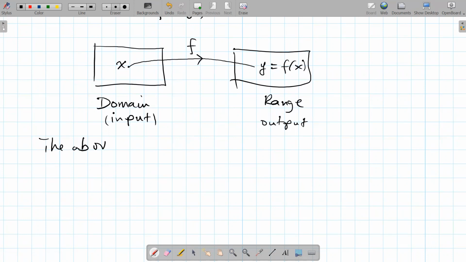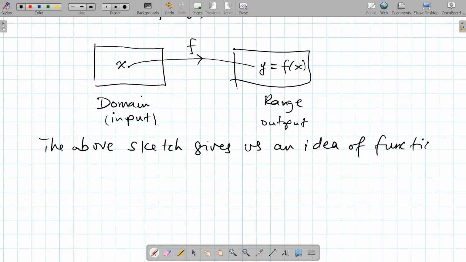The above sketch gives us an idea of function notation. Okay, so you see that we can define a situation like F such that X maps to Y. That is exactly what this sketch is all about.